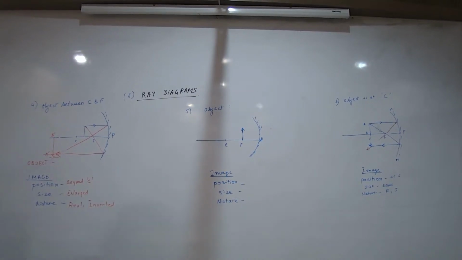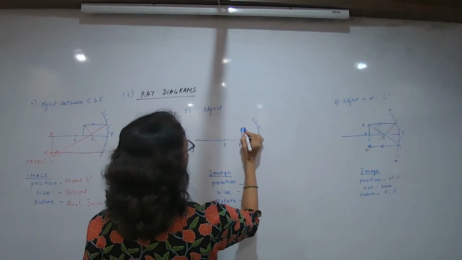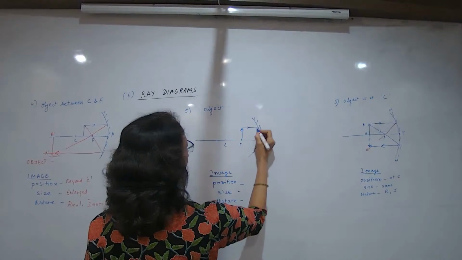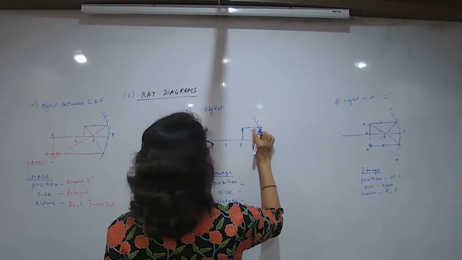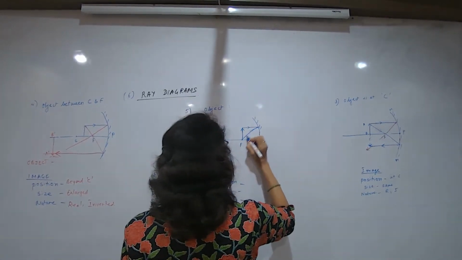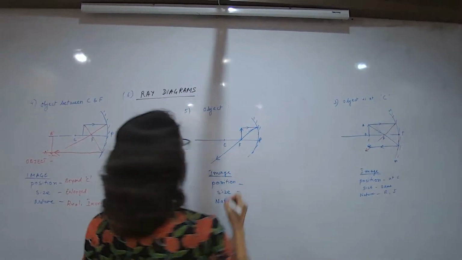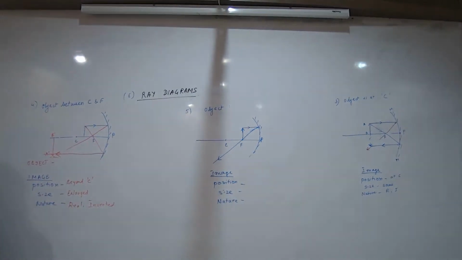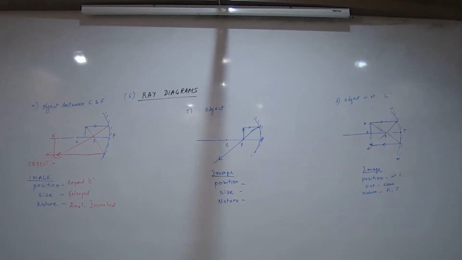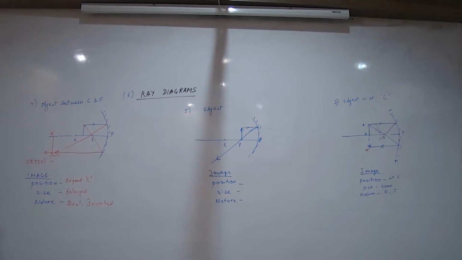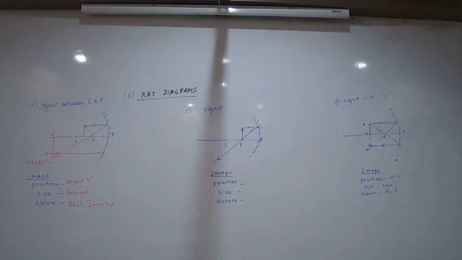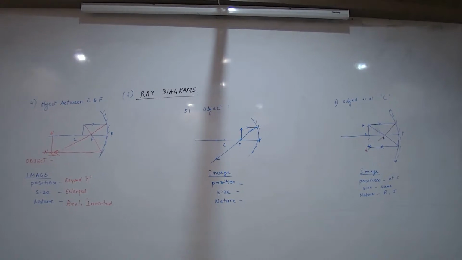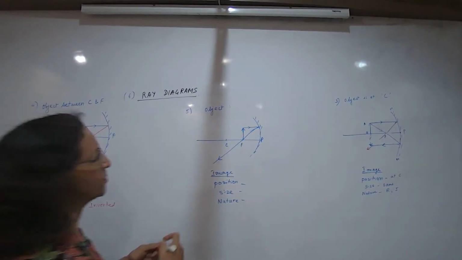First ray parallel to the principal axis and passing through F. Second ray passing through C. Obviously, it will retrace its path.